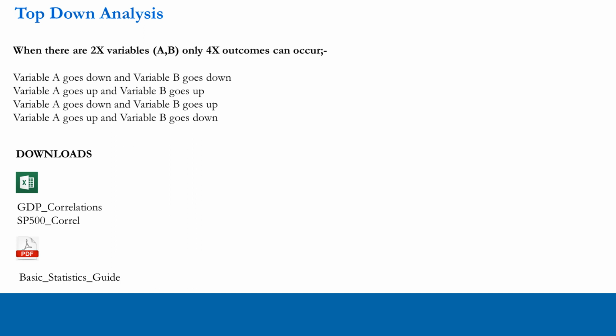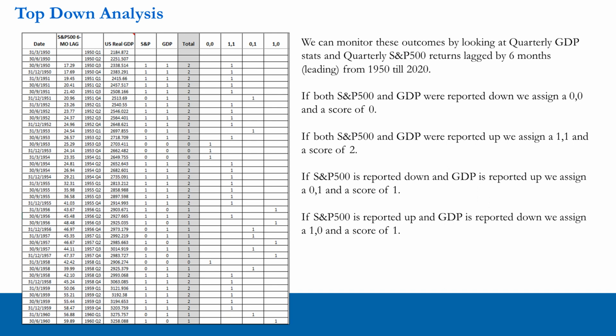Now, we mentioned that there's only two variables, A and B, and there's only 4 finite outcomes. Those two variables that we're going to look at are the S&P 500 and GDP. So what we've got here is a table on the left-hand side where we're looking at US real GDP, quarterly GDP, and we're looking at S&P 500 quarterly returns.